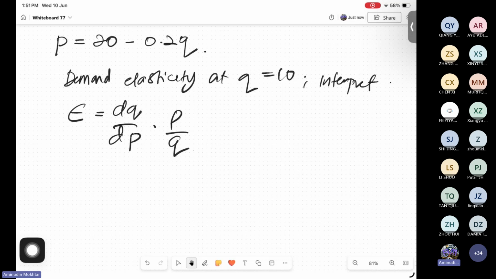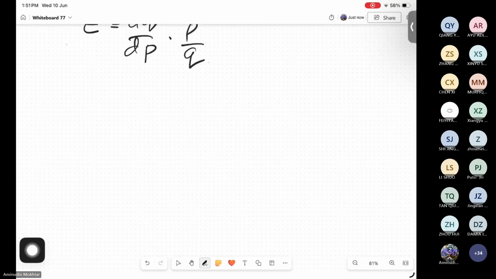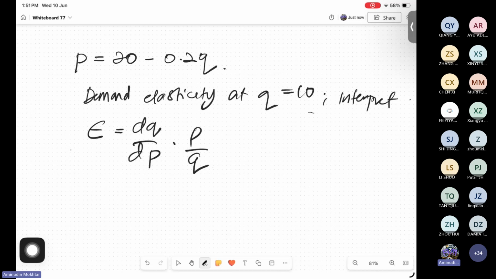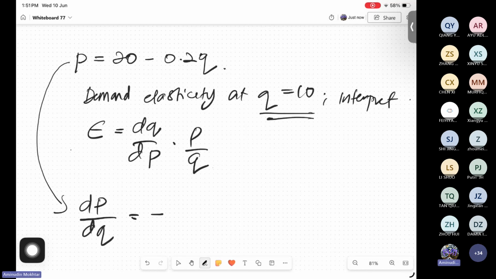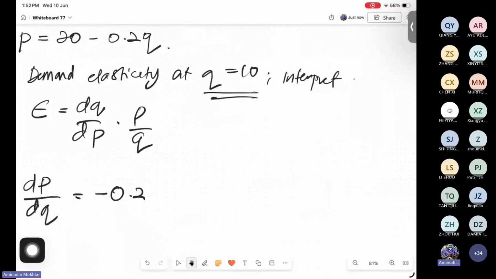So we need to find dQ/dP. First, from this equation, we can find dP/dQ. This equals negative 0.2, because P equal to 20 minus 0.2Q, so dP/dQ is negative 0.2.